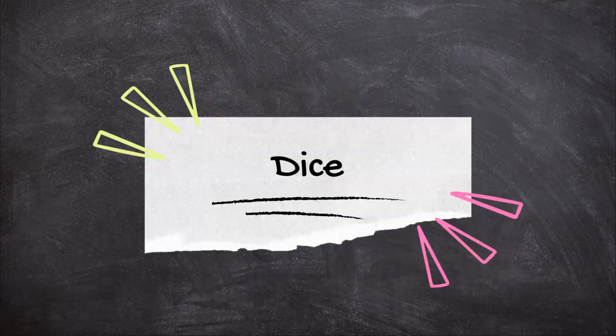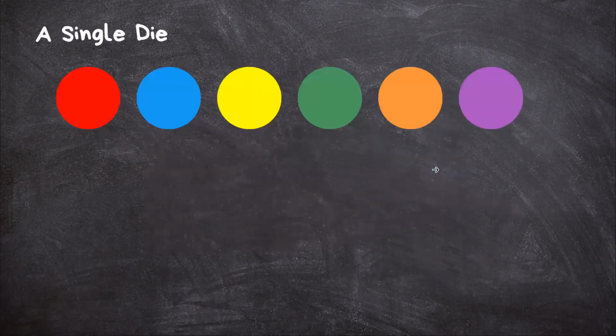Now let's move on to the dice part and see how dice would be used to communicate the list of these 6 colors to the designer. And we know that a single die is a 3-dimensional object that has 6 sides, right? So it will be able to communicate a total of 6 colors to you.